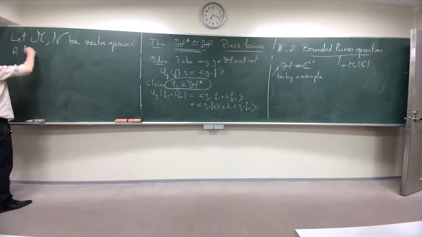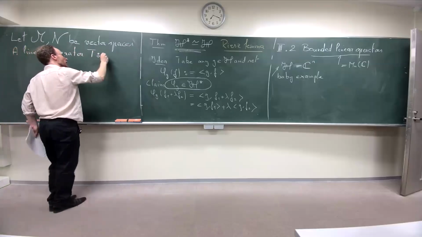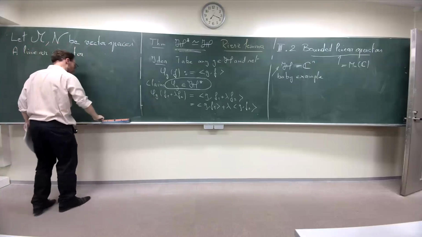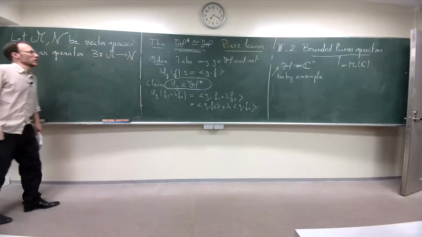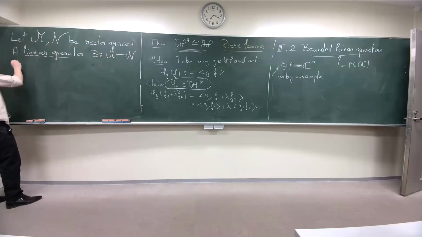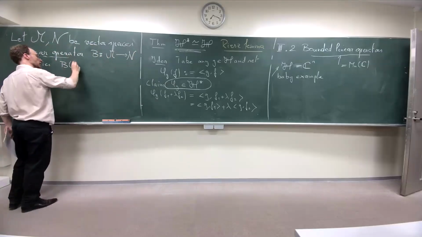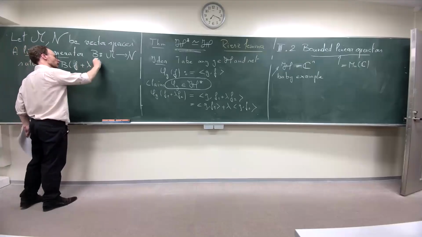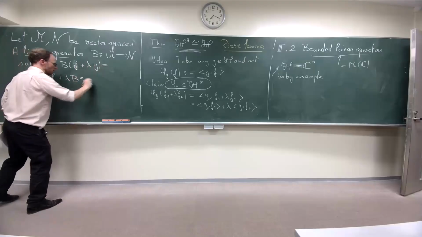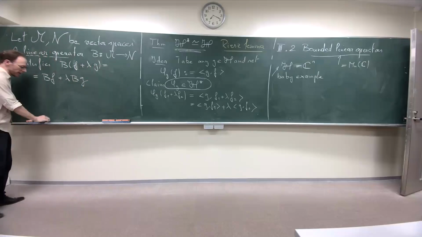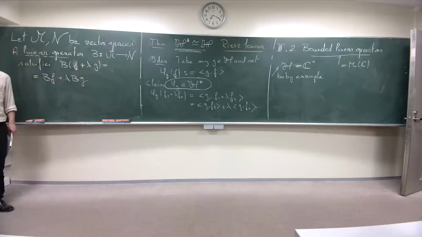A linear operator B from M to N, you can guess, if it is linear, it means that it satisfies B of a linear combination, B of F plus lambda G, is B F plus lambda B G. By the way, is this the same plus, or are they different?